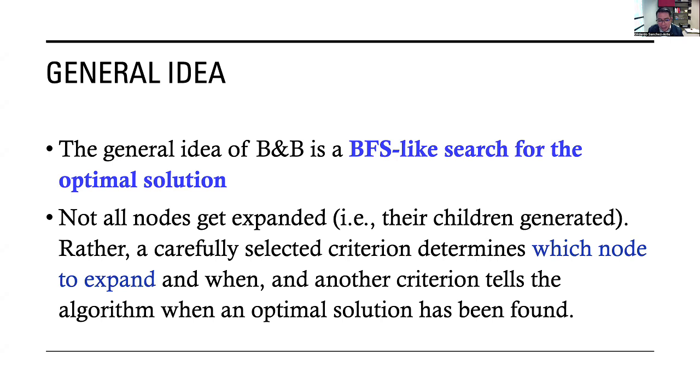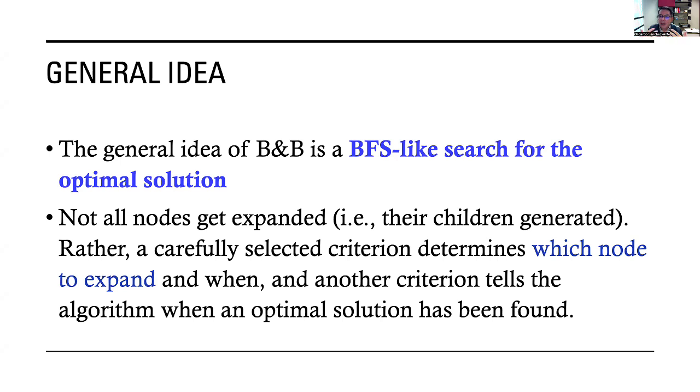And as we said, and maybe you may have already imagined, the general idea of branch and bound is to perform a best first search for the optimal solution. So this is interesting because it includes the need to evaluate the solutions.